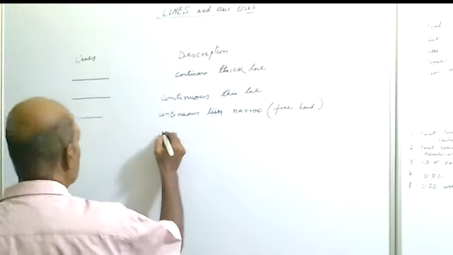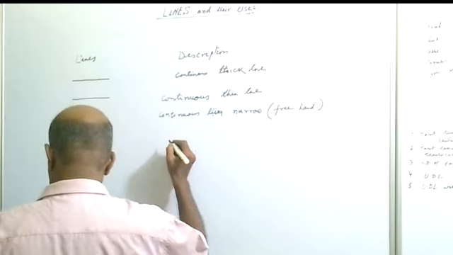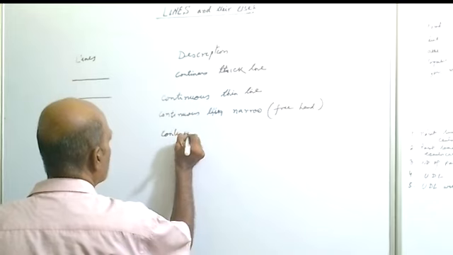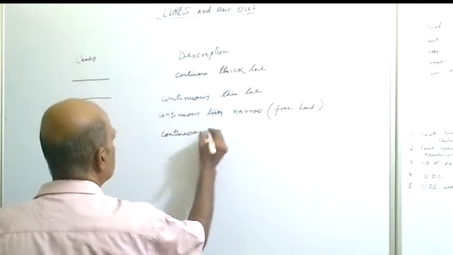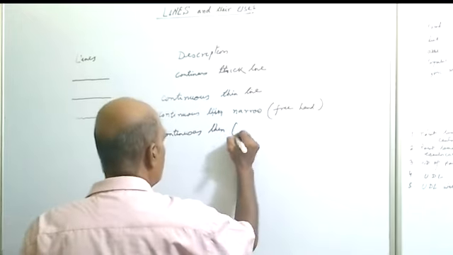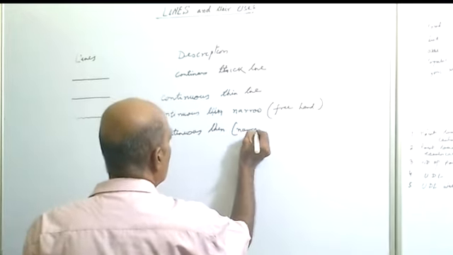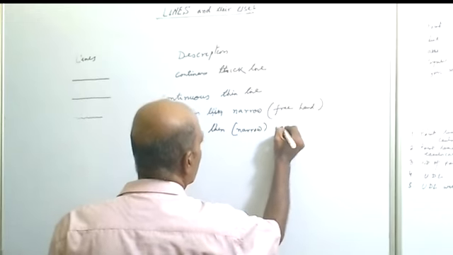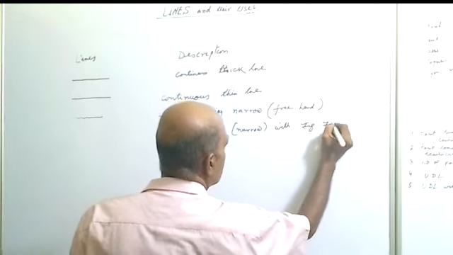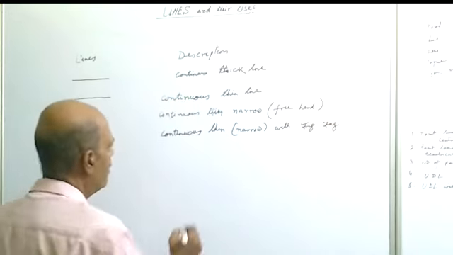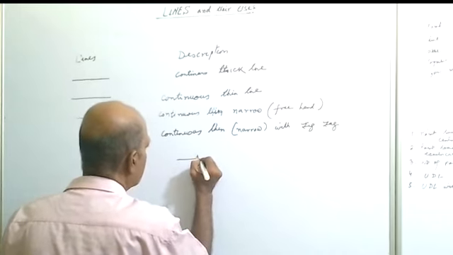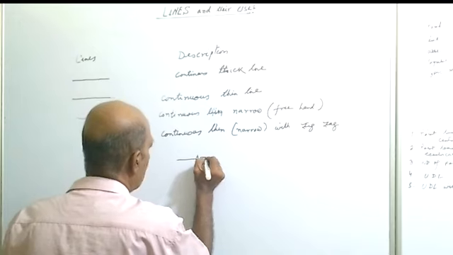Now continuous thin narrow with zigzag. Here we have seen the long break line.